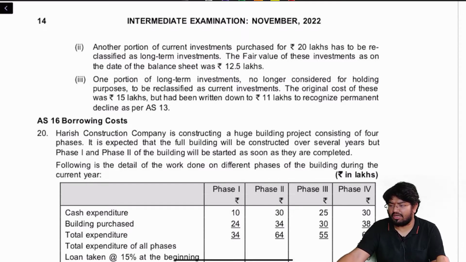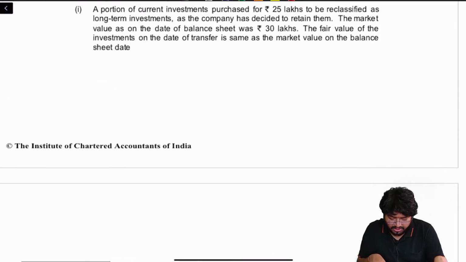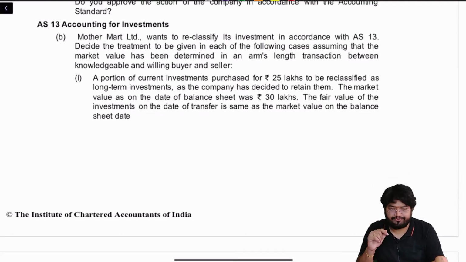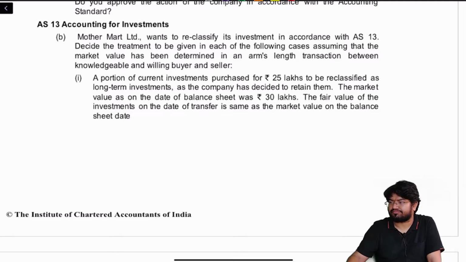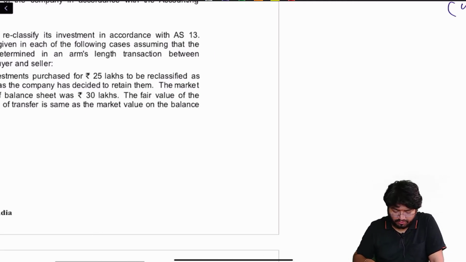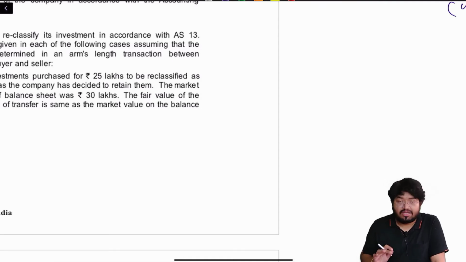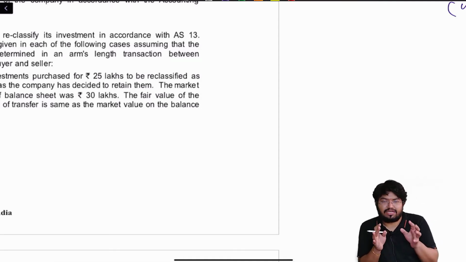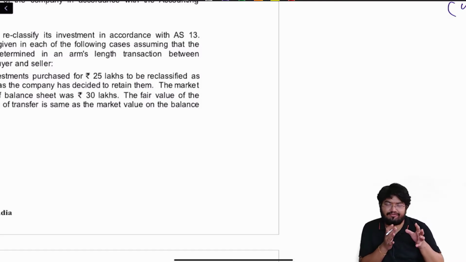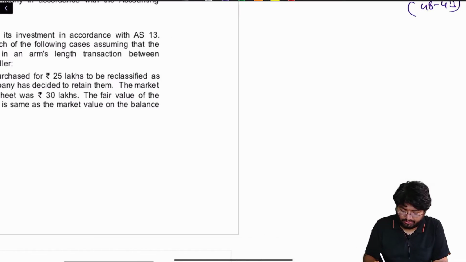Whenever you alter your intention to hold, how do you recognize that impact is what the question is about. Whenever you have a question where the investment intention is being changed, where you are moving it from current to non-current or non-current to current, what you are supposed to see is this.